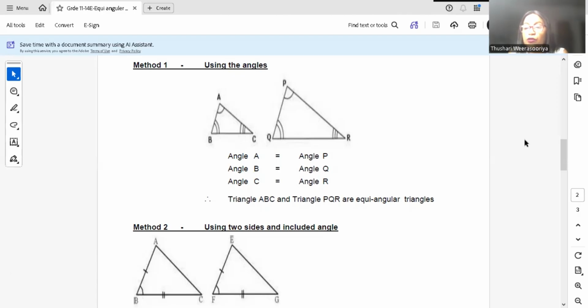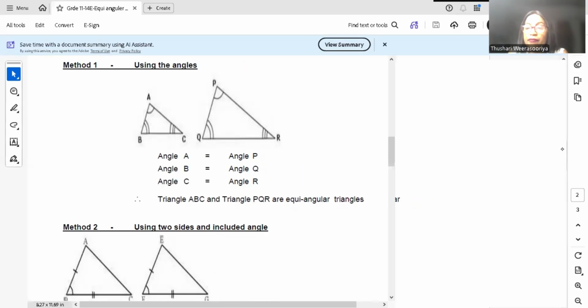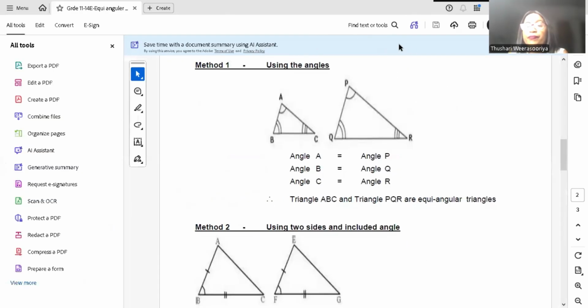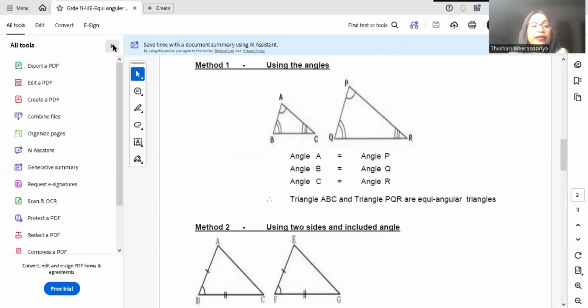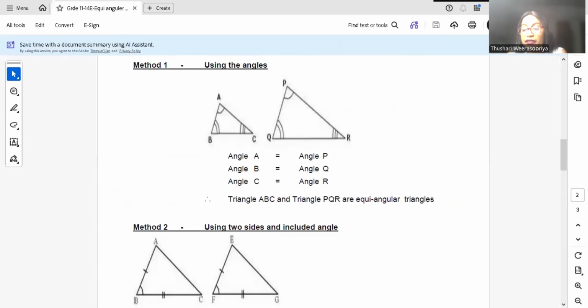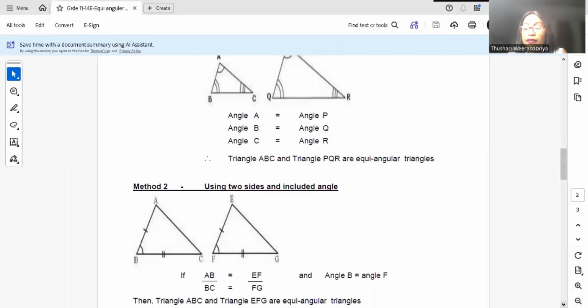Two triangles, with side lengths and an included angle. Always the included angle should be there. Included angle and 2 sides.